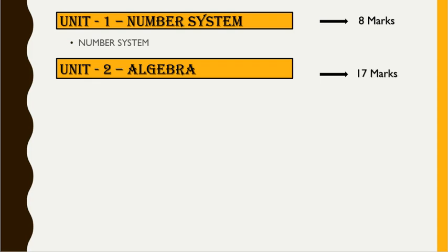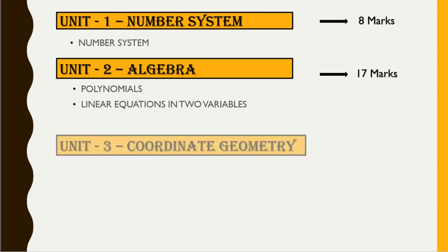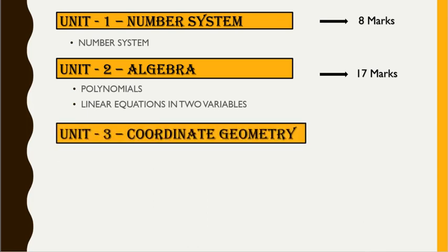Under this unit, you will be learning chapter number 2, polynomials, and chapter number 4, linear equations in 2 variables. Now, moving on to the third unit called coordinate geometry.